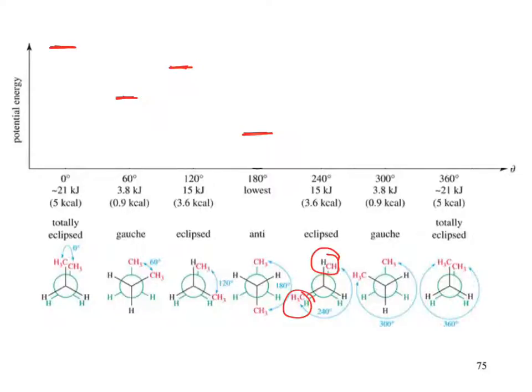Look at the eclipsed interactions. It's hydrogen and carbon. That's equivalent to the hydrogen and carbon interactions we had over here. So that's going to go up to this point. What happens as we rotate again? It'll drop down, and then we'll go all the way back up. That's supposed to be even with the first one. It's hard to draw it out. Give me a break. Okay.